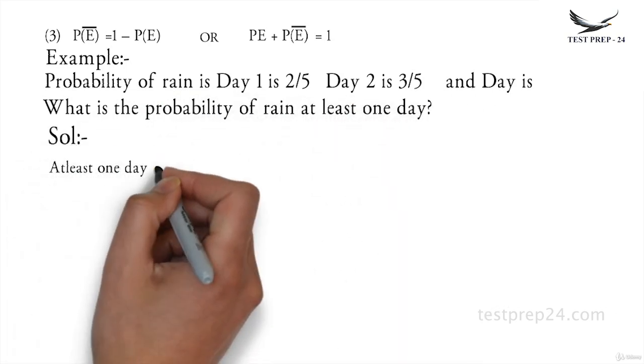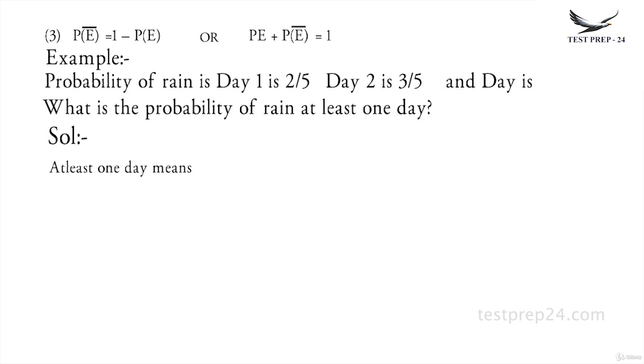At least one of the days means there should be rain on at least one day. So my favorable cases: even if I get rain on one day it is a favorable case, or on 2 days, or on all 3 days.